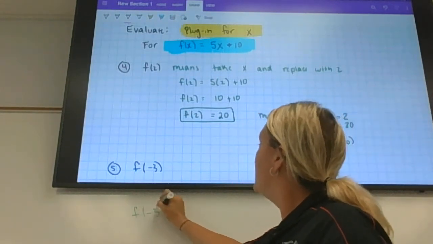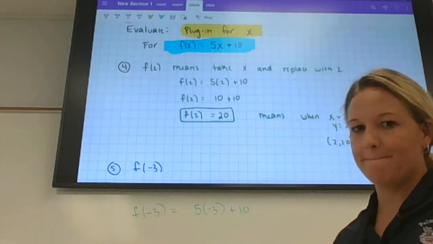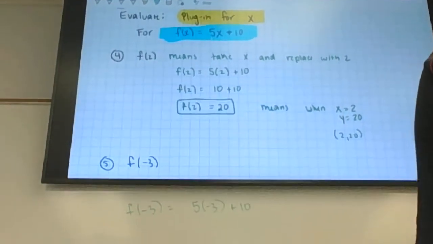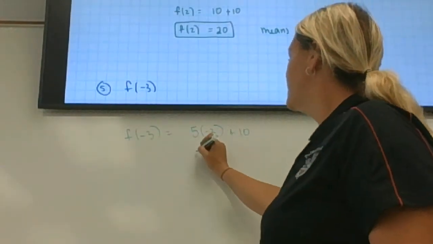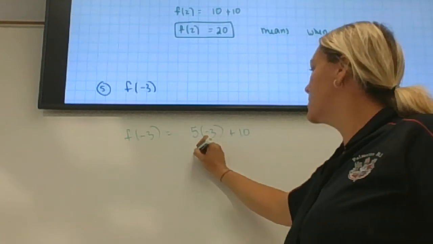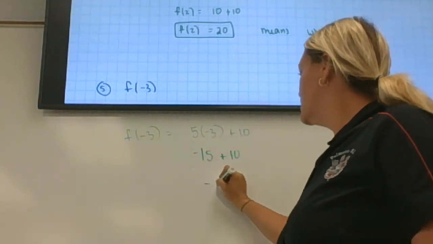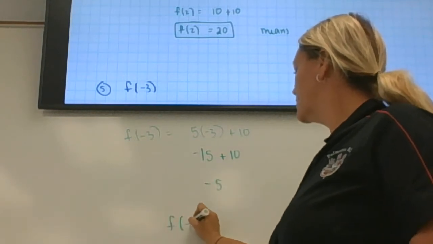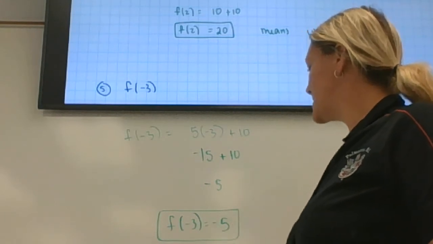I'm going to do f of negative 3 is 5 times negative 3 plus 10. Okay, go ahead, Jacob. You can do it. Okay, so 5 times negative 3 is negative 15. Plus 10 is negative 5. So negative 3 and negative 5 is an ordered pair.